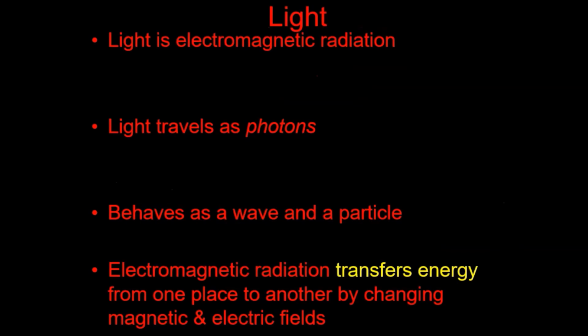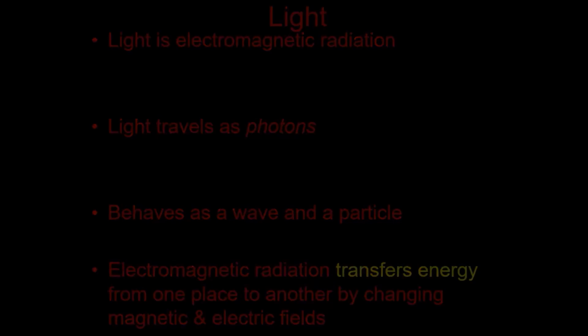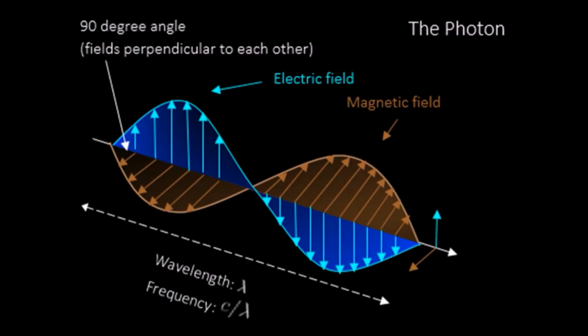A photon has sort of a dual behavior. It has a bit of a split personality, and it behaves as a wave, but it also behaves in many cases as a particle. But basically, all electromagnetic radiation will transfer energy from one location to another through alternating electric and magnetic fields, as we saw previously.